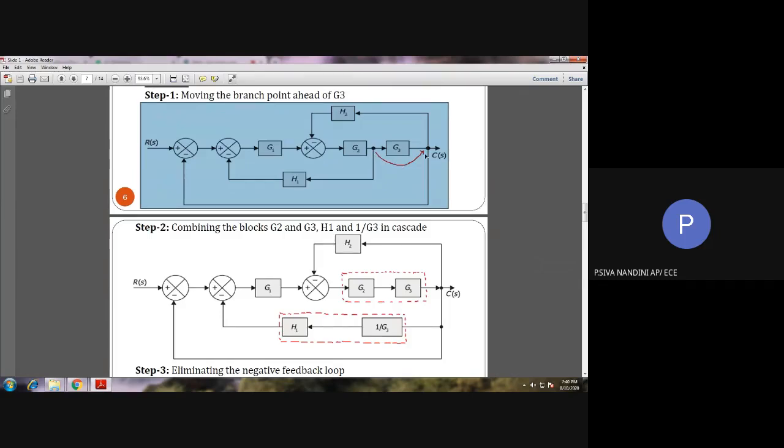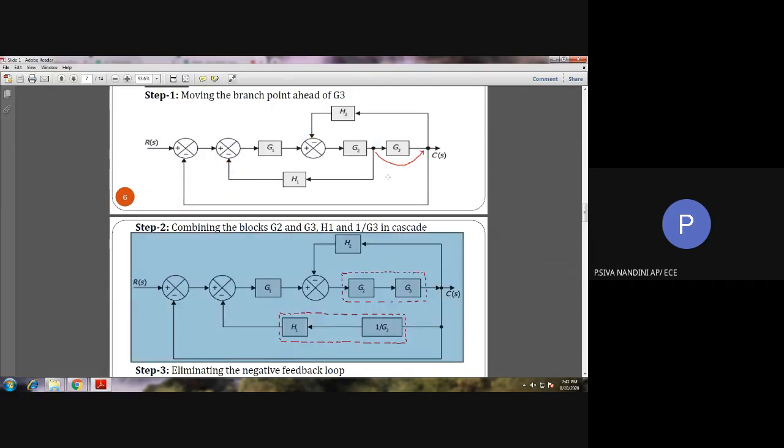So we are going to move this branch point after the block G3. For moving the branch point after the block, what is the rule to be followed? We need to introduce that block. Here the block is G3, so 1 by G3 should be included in the branch point path which is moved after the block.